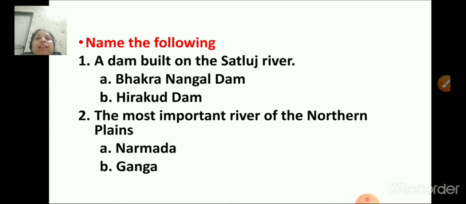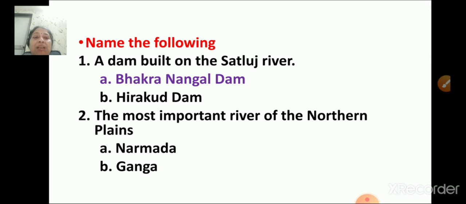Next is name the following. A dam built on the Satluj river. Options are Bhakra Nangal Dam, Hirakud Dam. So children, what is the correct answer? You all know, it is Bhakra Nangal Dam.